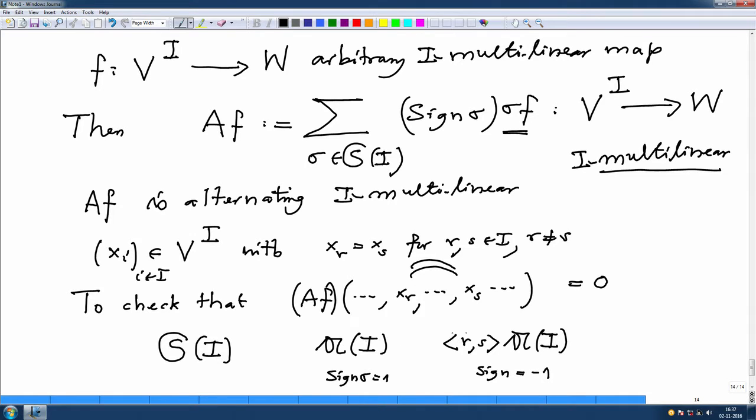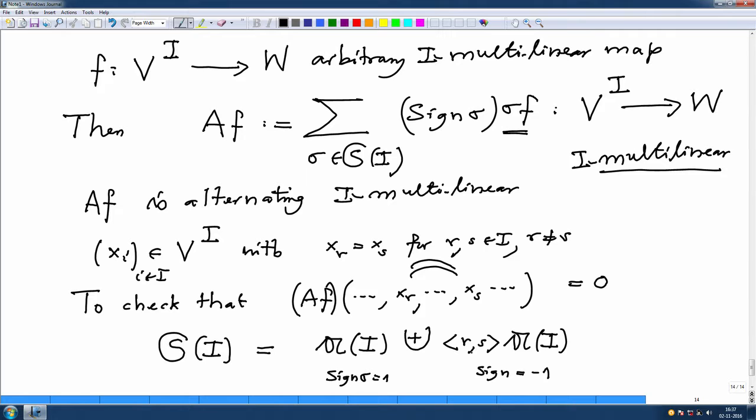They do not intersect, and if you count them, this is n factorial by 2 and this is also n factorial by 2. So they cover all the permutations. This means the permutation group is decomposed as a partition into even permutations and odd permutations, which are the even permutations multiplied by this particular transposition. So I will use this fact.